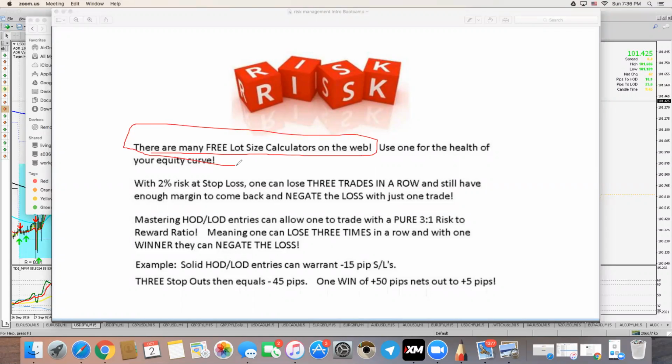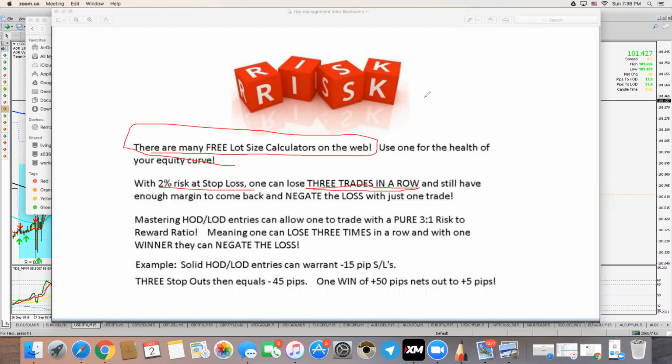I believe you have to multiply your account times 0.2 and divide it by, I think, 2 or something. That gives you something like that, guys. But if you want to do that, feel free, so you can have a certain risk management for your account, right? Okay, so with 2% risk at your stop loss, you can lose 3 trades in a row, guys.